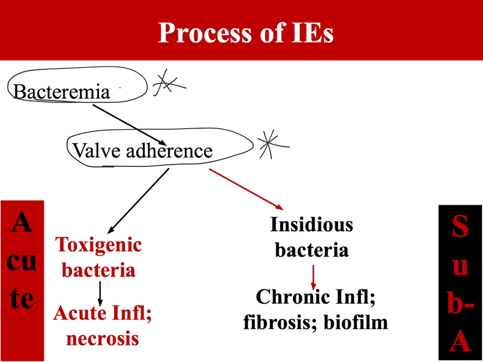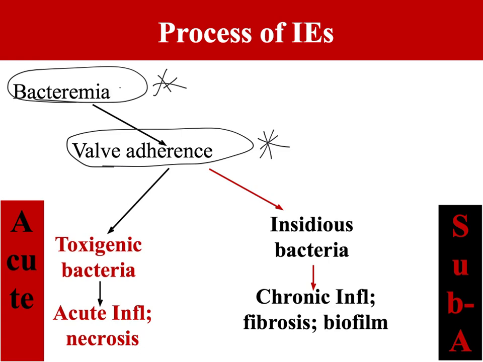The effect of the toxin is going to give you an acute inflammatory response, see why in a second, which is going to lead to massive necrotic cell death. When you have massive necrotic cell death in a critical vital organ like a heart, you are going to have a rapidly escalating acute situation that has a high mortality rate. That's what you see with acute endocarditis.